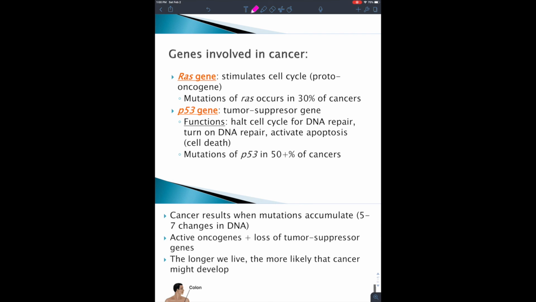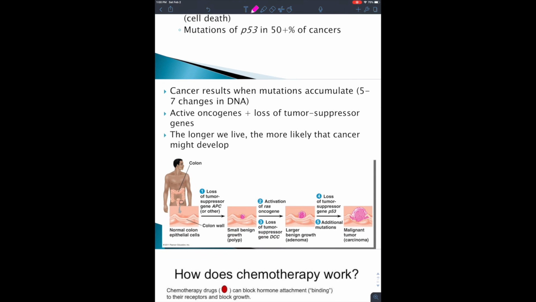So those cells will just keep dividing and won't be killed off. We also talked in Unit 7 about the 7 different changes in DNA that occur to cause a cell to become cancerous, and about how the longer we live, the more mutations accumulate and the more likely a cancer is to occur.